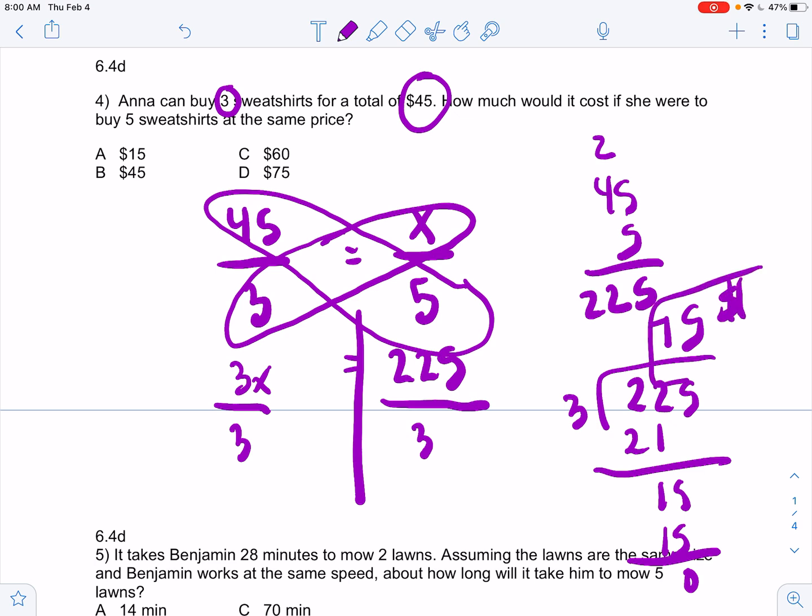Does that seem reasonable if 3 sweatshirts is 45? Some of you mathematically might be thinking 3 will go into 45 15 times, right? Then you're going to say, I need 5 groups of 15. But this is the process that you would need to be able to understand how you would solve it.